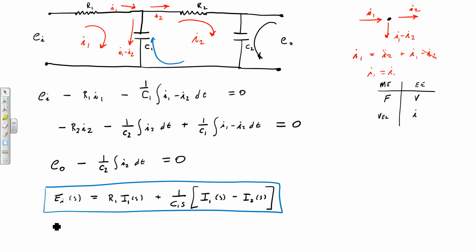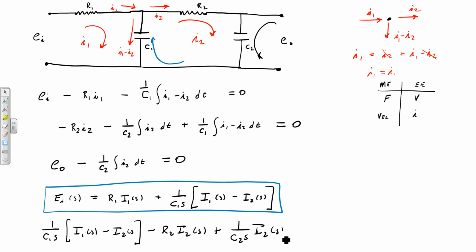It'd be 1 over C1 s times I1 of s minus I2 of s, like that. Minus R2 I2 of s, plus 1 over C2 s times I2 of s, like that, equals 0.